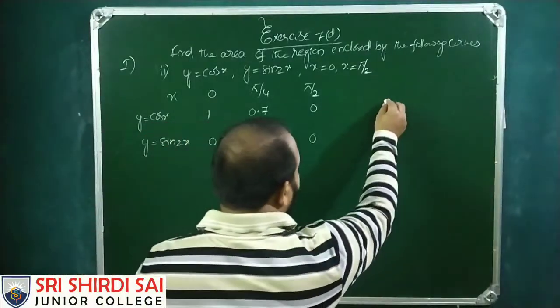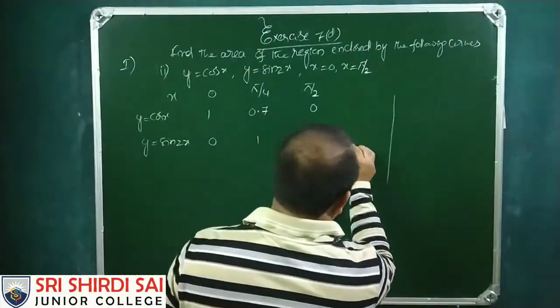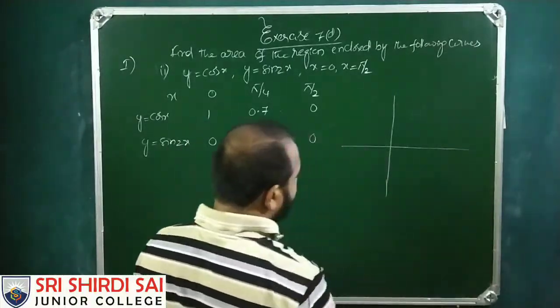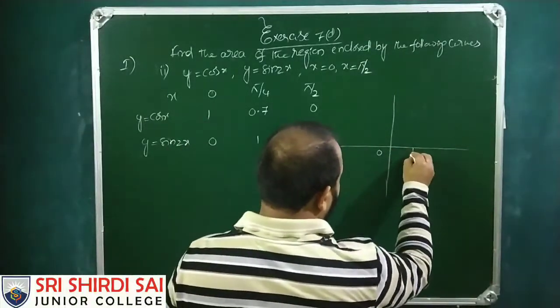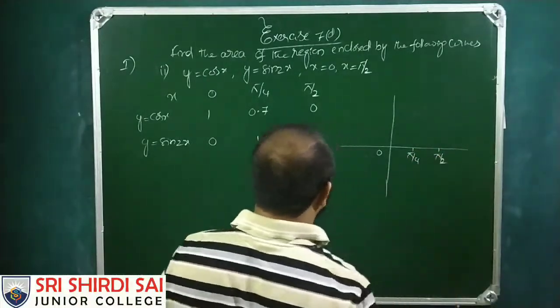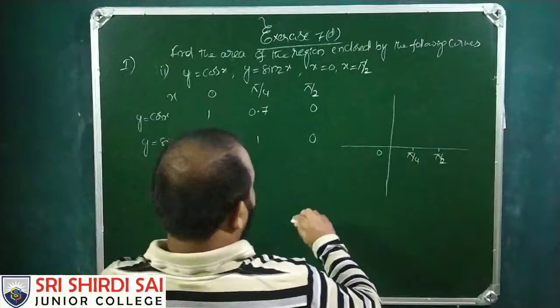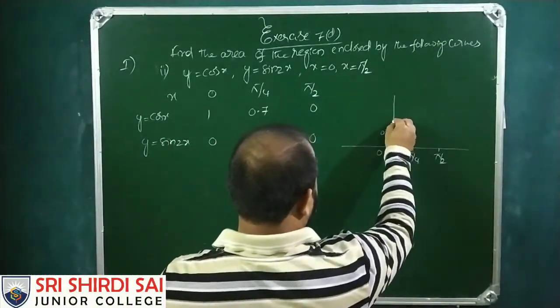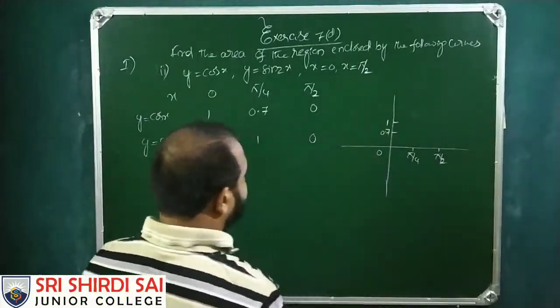Let us take the axis now. So the coordinate axis, this is 0, this is pi by 4, this is pi by 2. This is 0.7 and just above this is 1.